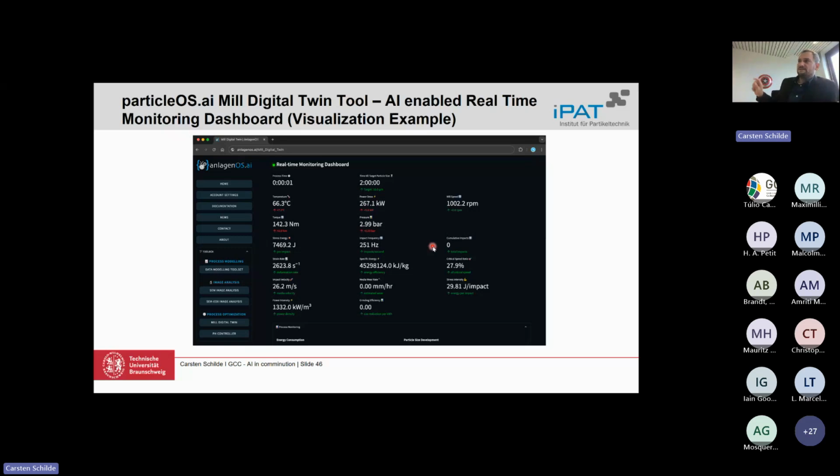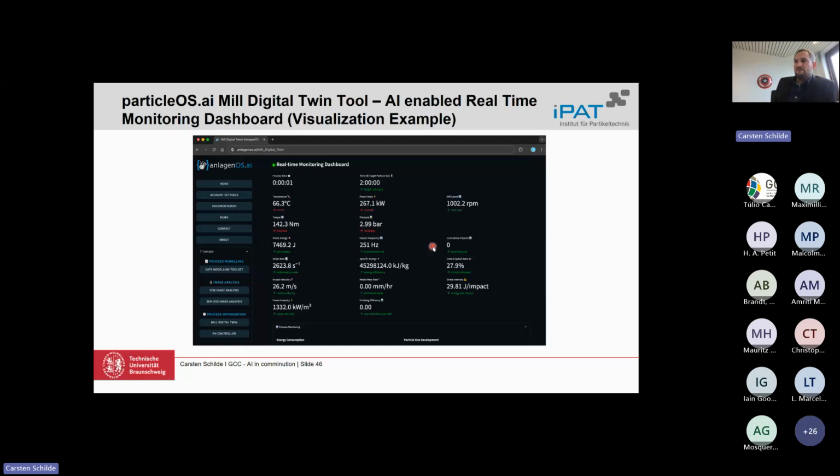And then it predicts the necessary energy depending on certain target values. We want to reach a certain particle size distribution, and then it predicts how much energy we need to achieve this goal, but only depending on all the grinding experiments it has ever seen.